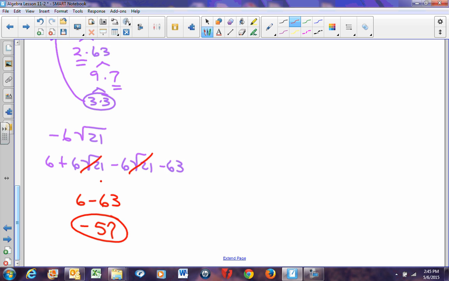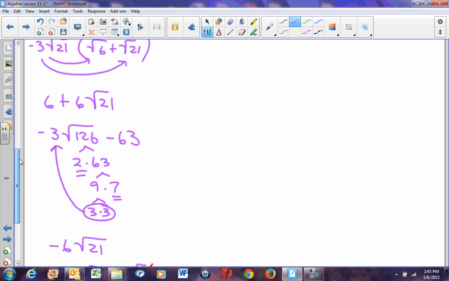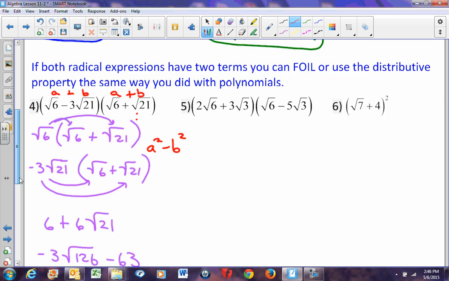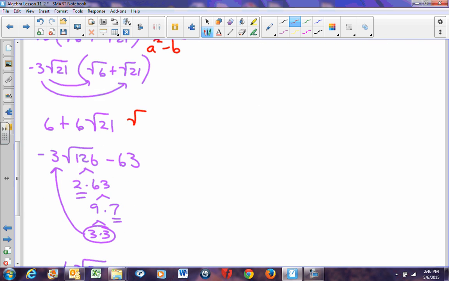Because it ends up to be what we call a FOIL. It's the difference of two squares. Okay, because if we look back at the beginning, this is an A minus B, and this is an A plus B. So my answer should have been, if you remember from chapter 9, A squared minus B squared. So it should have been the square root of 6 squared minus 3 square roots of 21 squared.